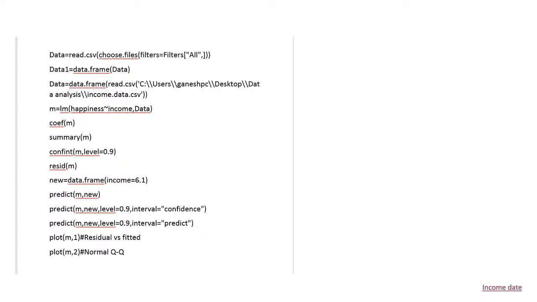So this is the R program. If you use this code to read your Excel file, you need to save your Excel file in .csv format. Okay, either use these two commands for R, or you can use this command directly.